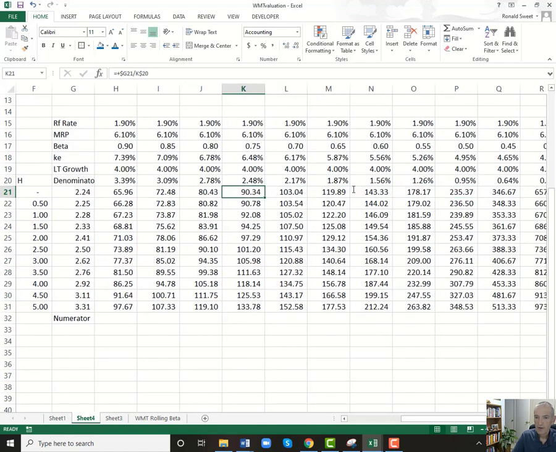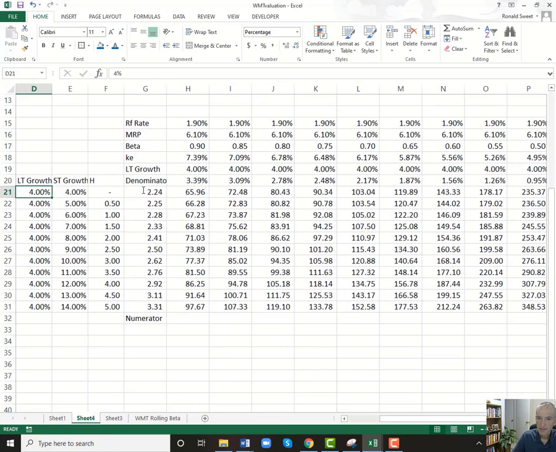And so here I'm going to create my own data table. So I'm just going to take the numerator G21 divided by the denominator H20, and I'll lock in the column and I'll lock in the row, and then when I copy that wherever I go, I'm just taking that, and here's my valuations. So just like I did before, I've got my valuations.